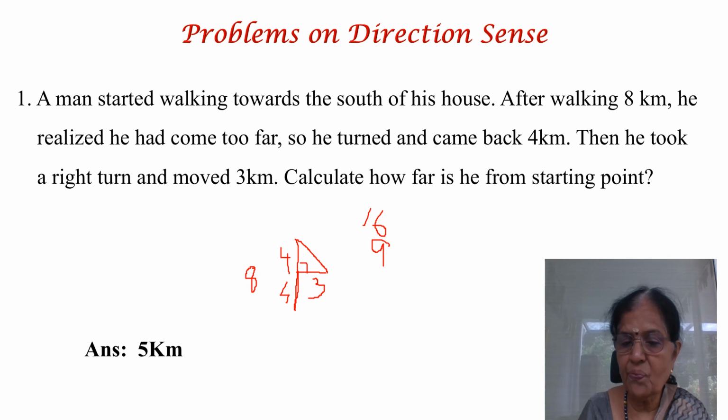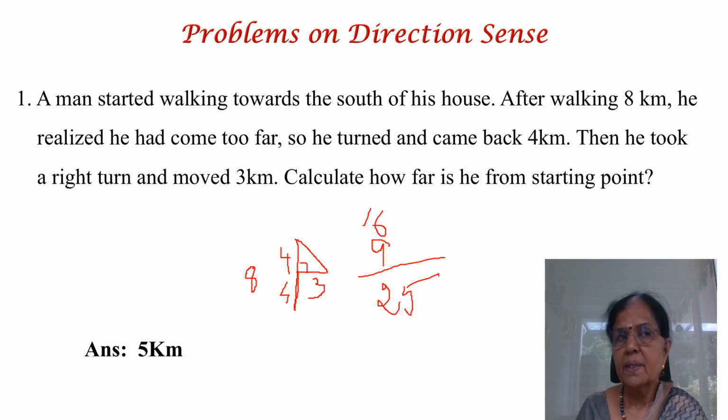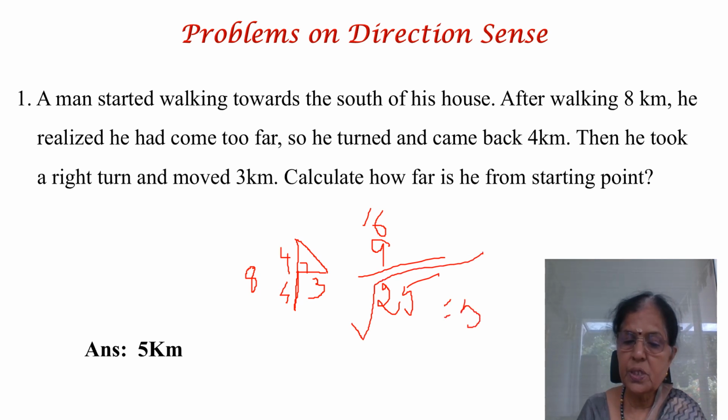So the sum of the square of the two sides is 25. Equal to h squared. This is the h square, hypotenuse square. So if you find the square root of 25, it is 5, which is the distance. This hypotenuse is 5 kilometers.